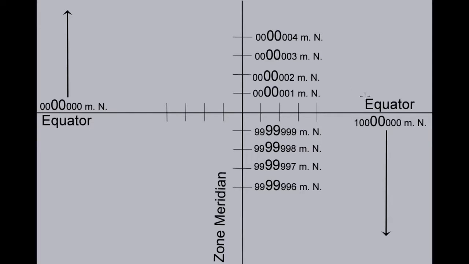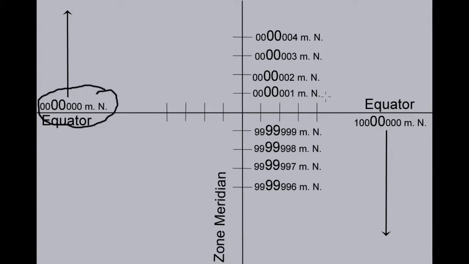For purposes of working your way north from the equator, or for purposes of the northern hemisphere, I should say, the equator is assigned a value of 0 meters north. And for each meter you go north of the equator, that value increases by 1.